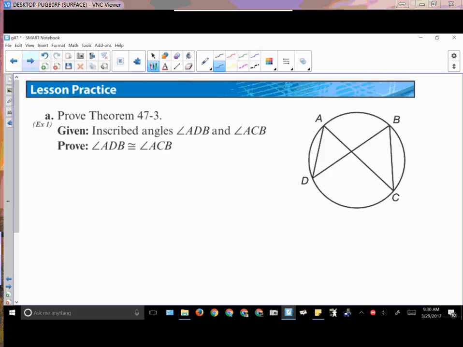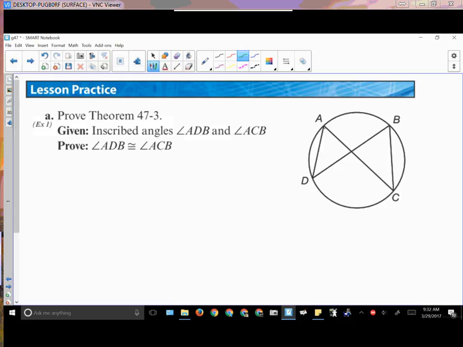So, I'm going to give you a moment here, and I want you to see if you can figure out how you would prove this. Okay, so here we go. Do these two have to be congruent? Well, let's take a look at it from this perspective.